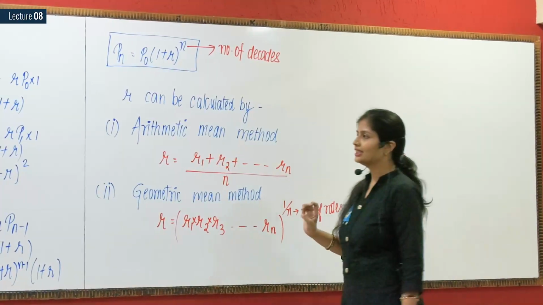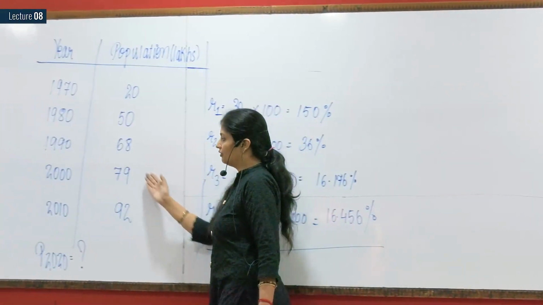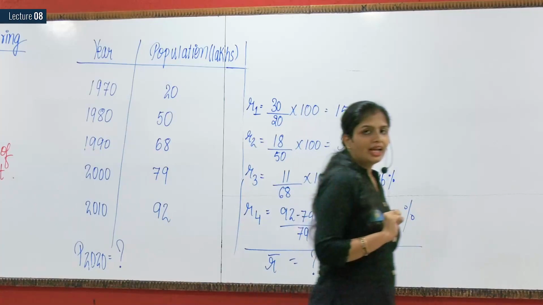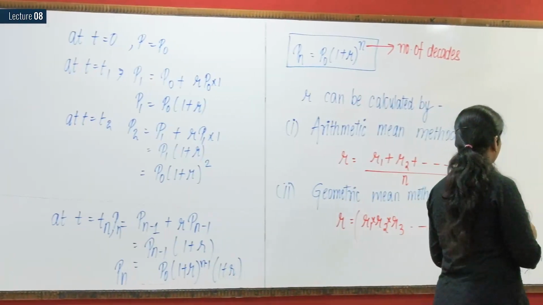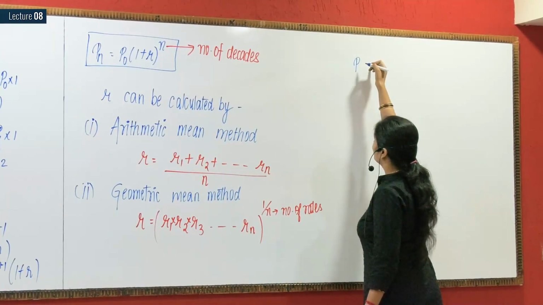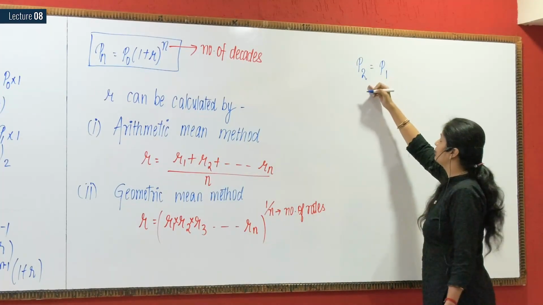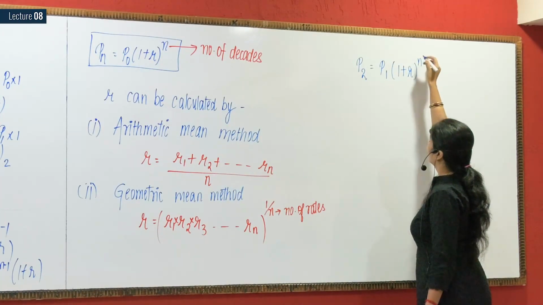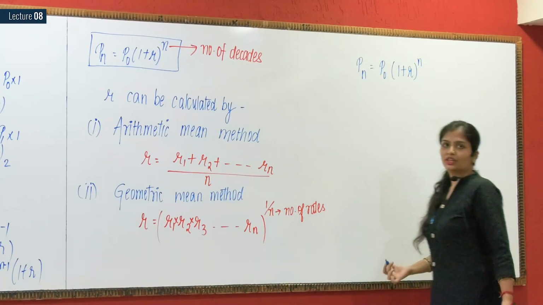The third one is, see, here in this problem, you got so many datas, 1, 2, 3, 4, 5, 5 datas. But let us suppose you have only 2 datas. Fine. If you have only 2 datas, then how can you calculate the value of R? Simple. Let us suppose you have been given only 2 datas. So what you will do? You know that Pn is equal to P0 into 1 plus R to the power n, which you have derived already.